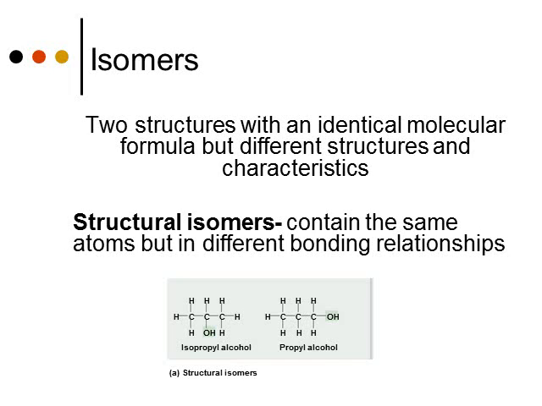So they have the same molecular formula, but that hydroxyl group, that OH, in isopropyl alcohol, the OH is bonded to the middle carbon, whereas compare that to the propyl alcohol on the right, the hydroxyl group, the OH group, is on an end carbon in that molecule. So these are examples of structural isomers.